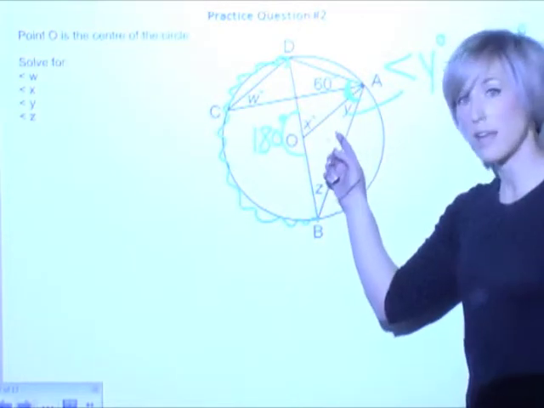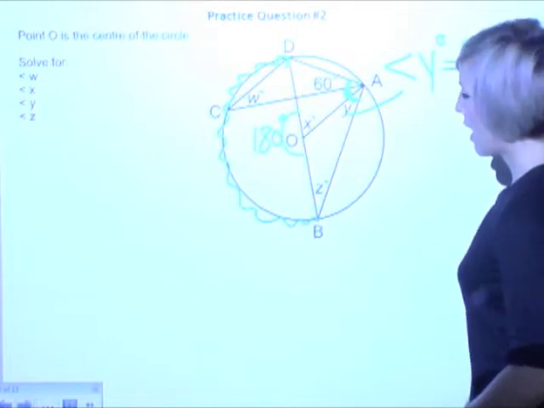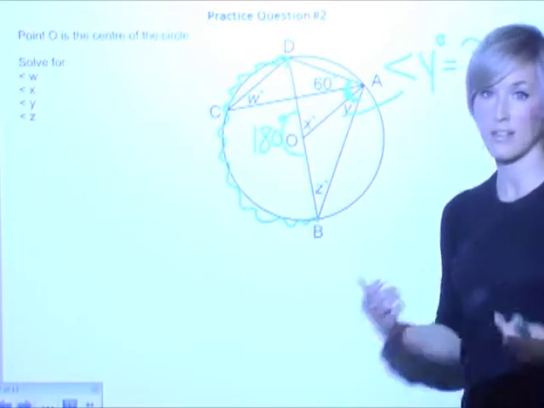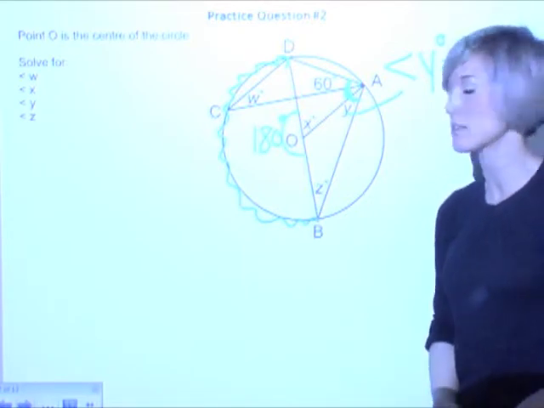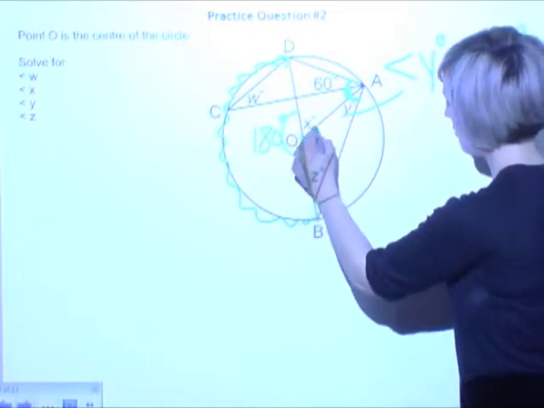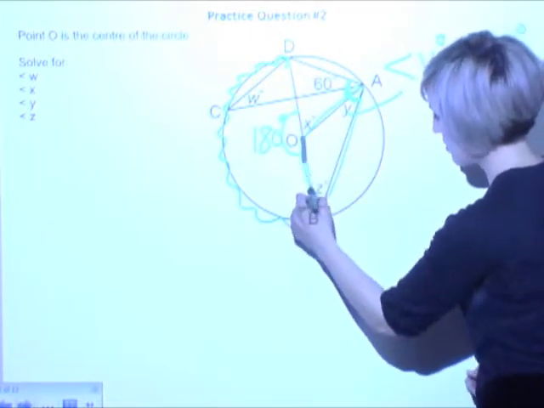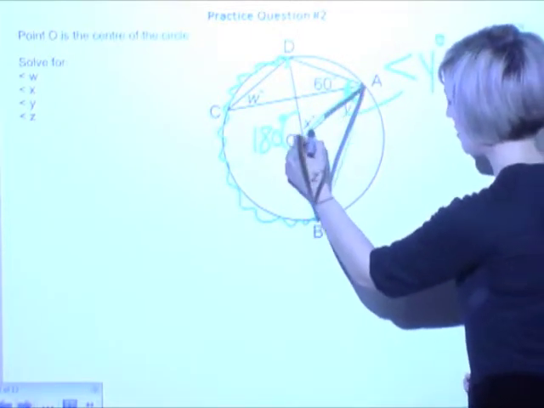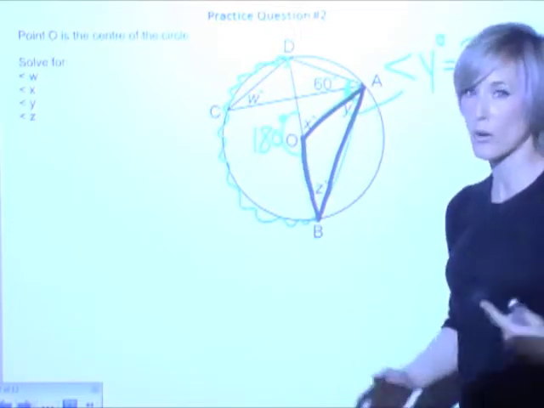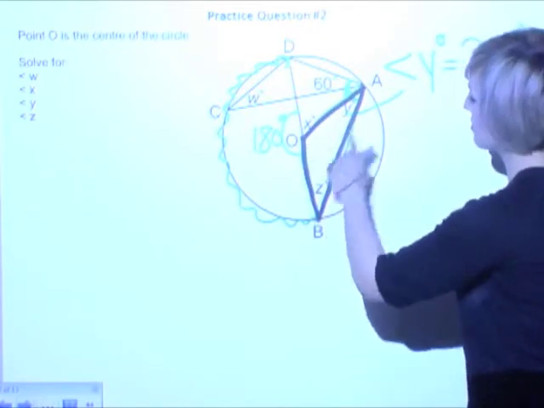So now I've solved angle y. I'm going to take a look at what other information I have in this question. I always look for triangles in circle properties questions because often you can find an isosceles triangle, and we know something important about isosceles triangles. So let's take a look here. The triangle formed here, these two side lengths I know are equal, and the reason I know that is because they both start at the center and go out to the circumference.